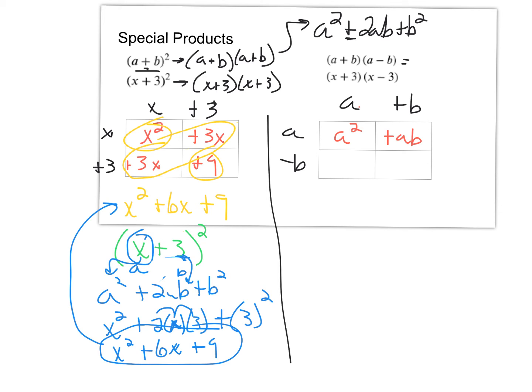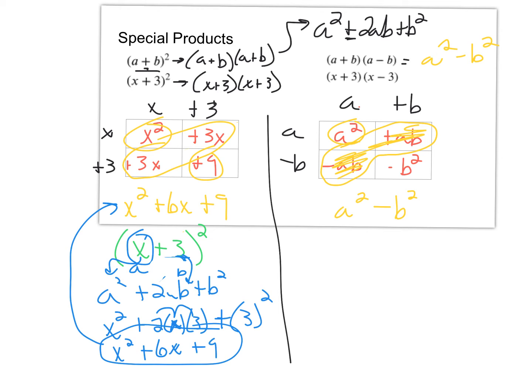A times negative b is negative ab, and negative b times b is negative b squared. So if I were to combine my like terms, I'm going to have a squared. Now, negative ab plus ab completely cancels, leaving just minus b squared. Okay? So there's our formula for that. So we're going to have a squared minus b squared.